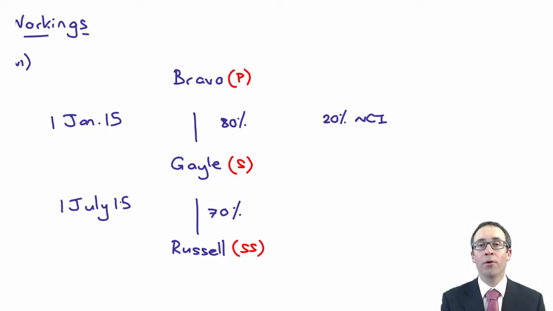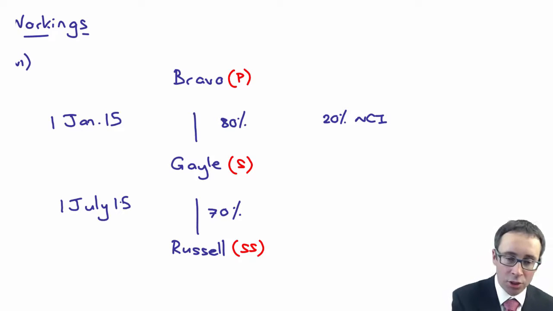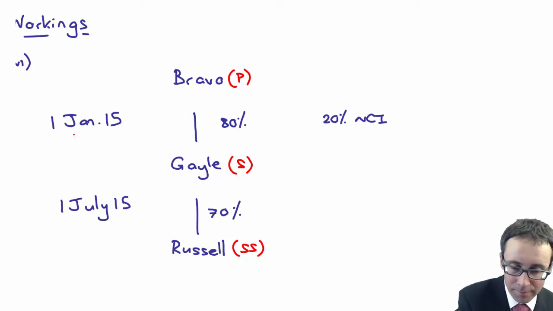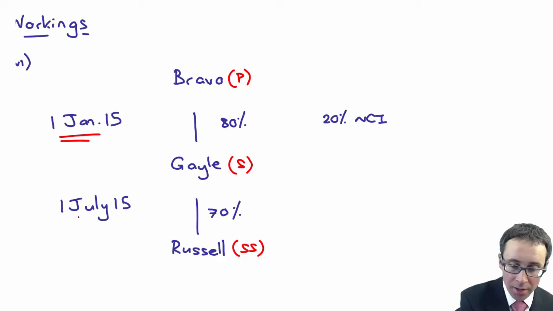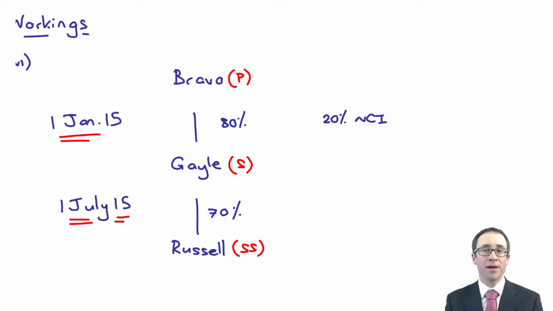Key bit was we spoke about the importance of the acquisition dates when we did the very first introduction to the chapter. The key bit there is that the parent and the sub became part of the group on the 1st of Jan. The sub didn't become part of the group until a much later date, the 1st of July 2015.